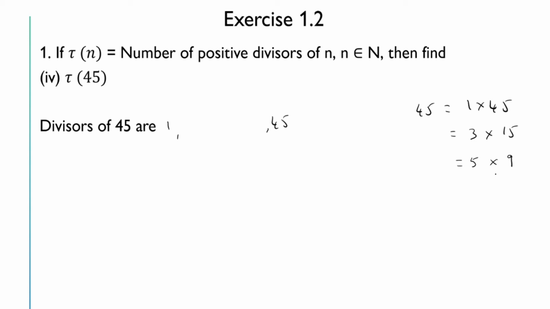And the other numbers 6, 7, 8 do not divide it. So we can stop here. So the divisors of 45 are 1, 3, 5, 9, 15 and 45. So the number of positive divisors of 45 is 1, 2, 3, 4, 5, 6. So tau of 45 is equal to 6.